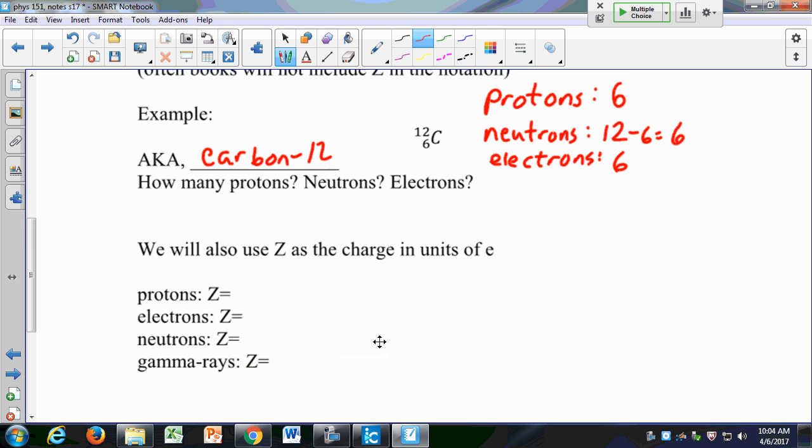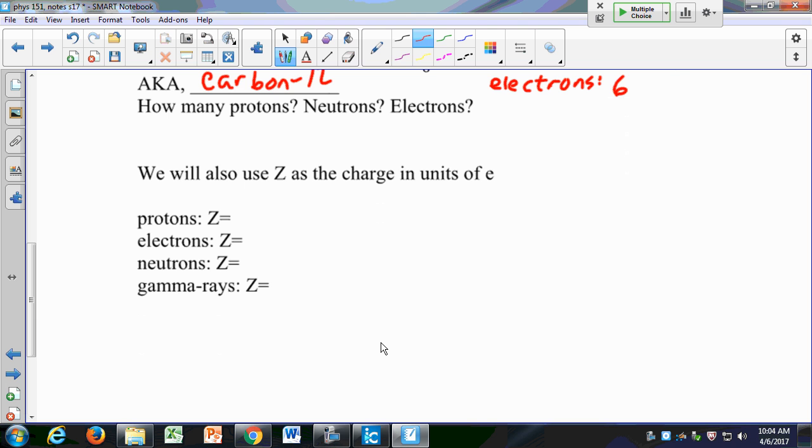We'll also use Z as the charge in units of e. So remember, if I want to know the charge of an atom, protons have a value equal to Z equal to plus 1. That just says that the charge of a proton is plus 1 fundamental unit of charge.